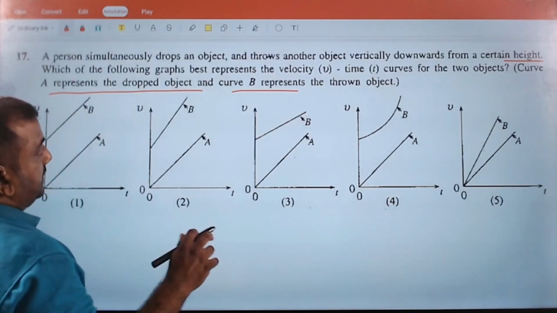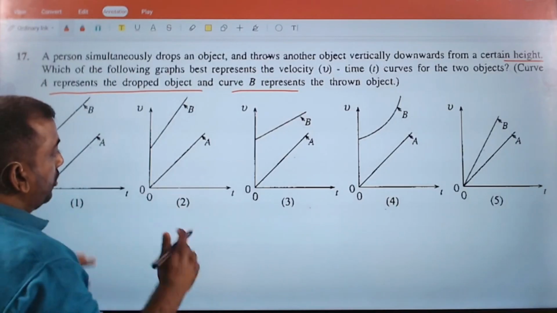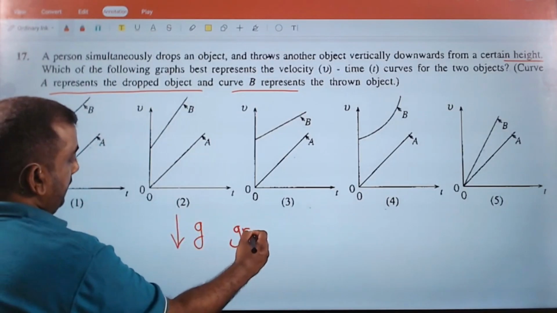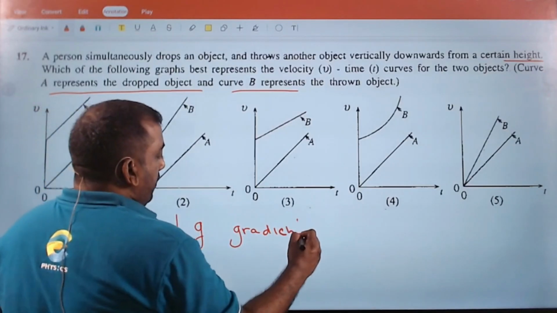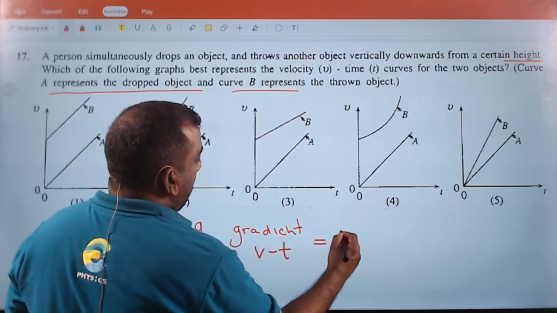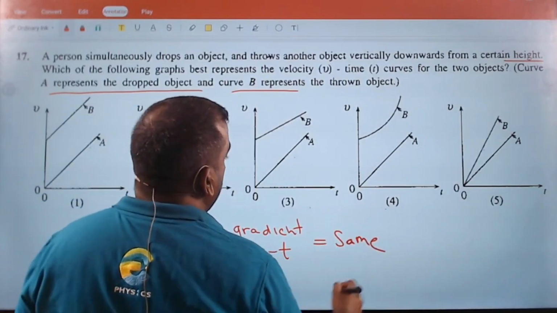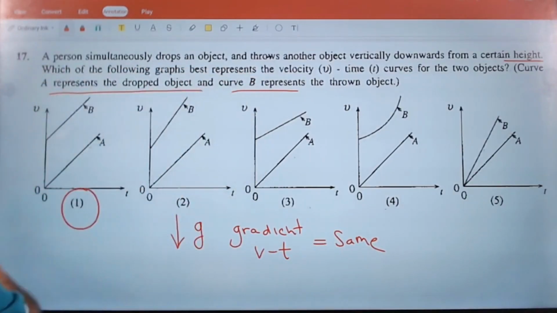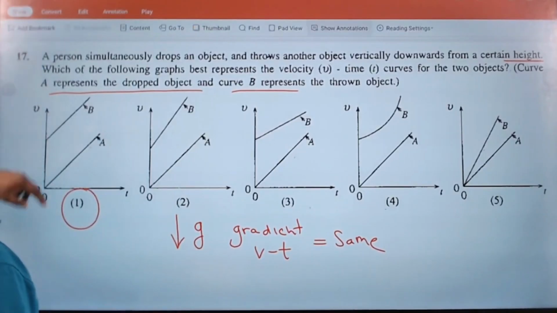Thrown object means starting with a velocity. But both are falling down under gravity, so the gradient of the VT graph should be the same. This is the key point. So looking at that, the most suitable answer is answer number 1.